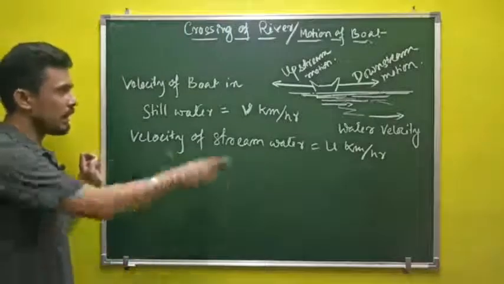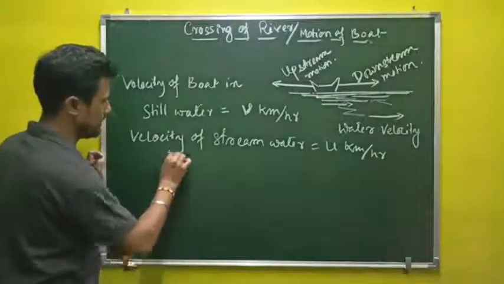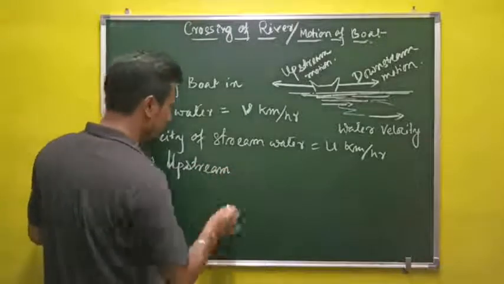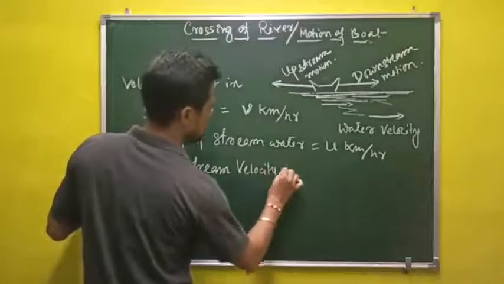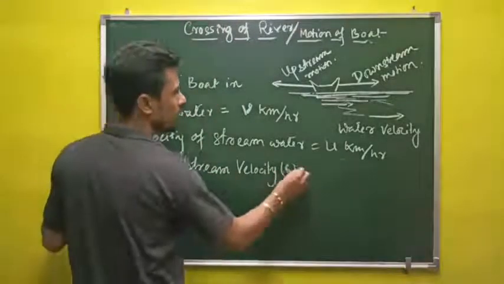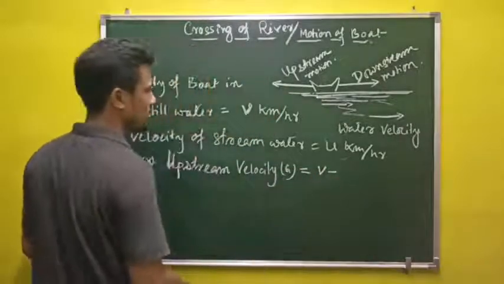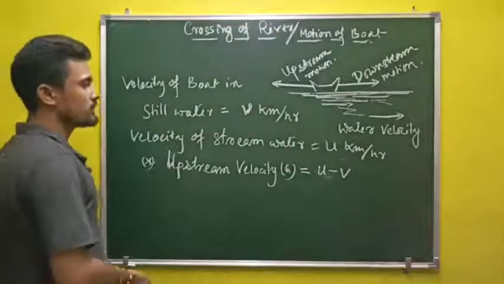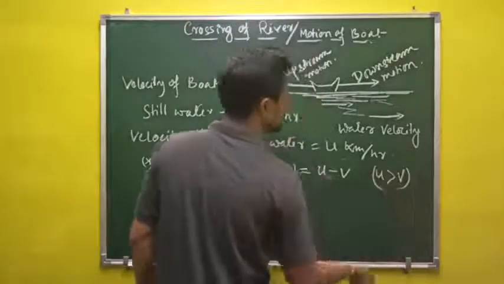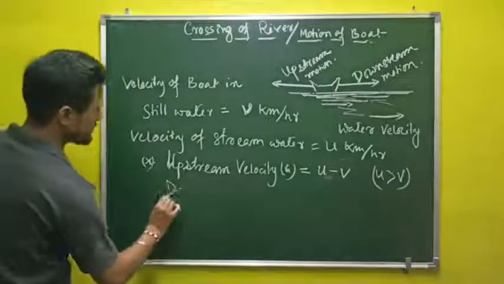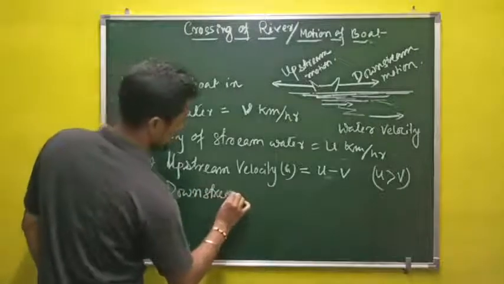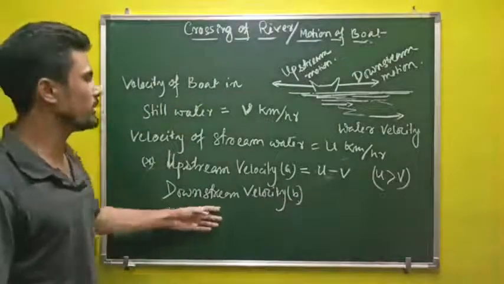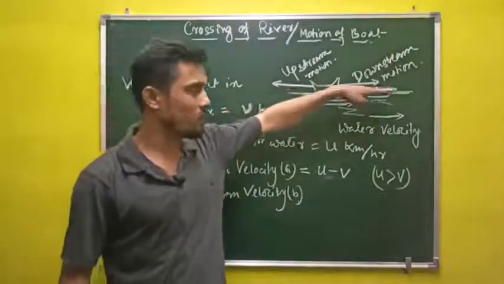So the upstream velocity, now be careful about that, suppose it is represented by A, will be given by U minus V, considering U is greater than V. And the downstream velocity, suppose it is represented by B. Downstream velocity means the velocity of the boat when it is going along the direction of the water velocity.